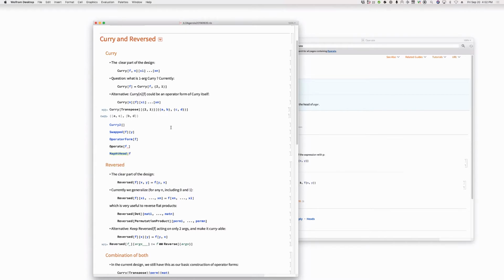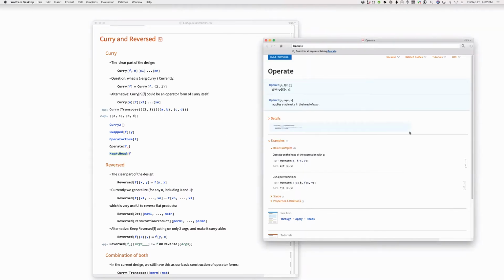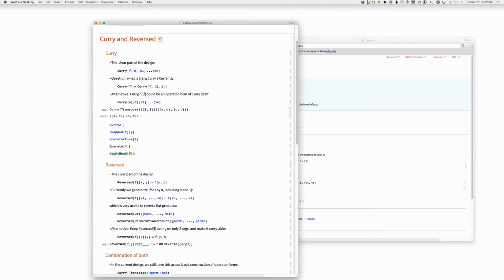Is there an operator form of operate? No, I don't think so. We never touched this function. That seems mildly interesting, actually, that operator form. Don't you think? Yeah.